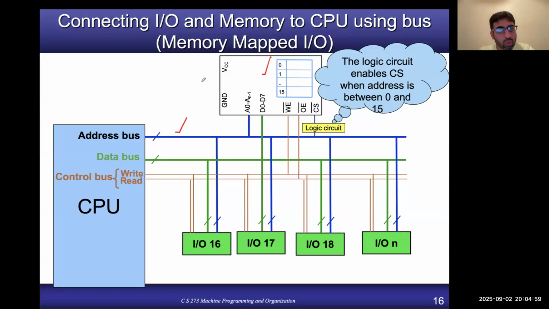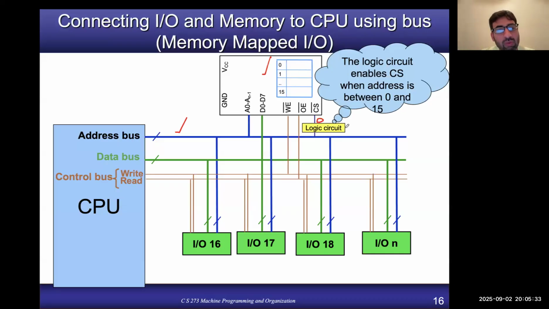So I just want you to appreciate this fact that we need a mechanism that makes this memory chip be selected if the address placed by the CPU is in the range of this memory chip, like in our example from 00 to 0F in hex. But if the address is out of range for this memory chip, which means it is greater than 0x0F, then this memory chip should not be selected. It should never receive a 0 here, right?